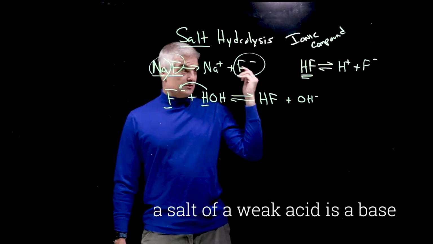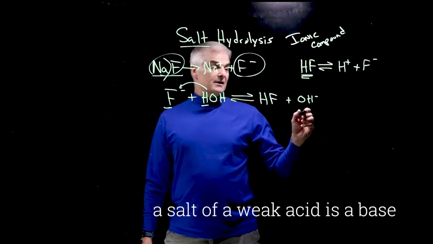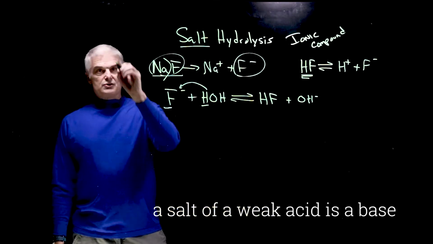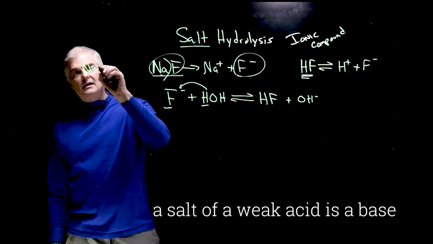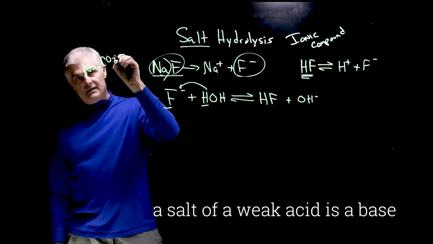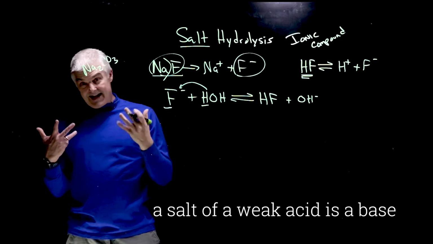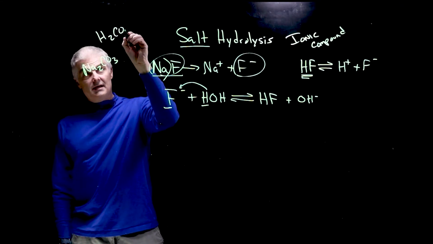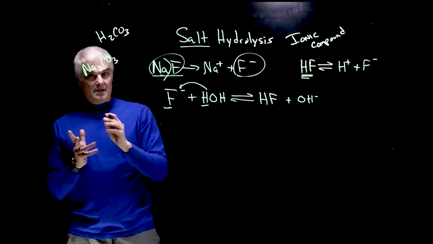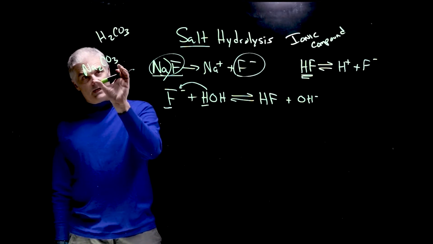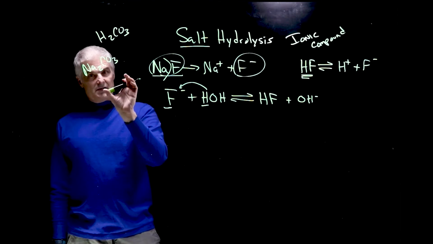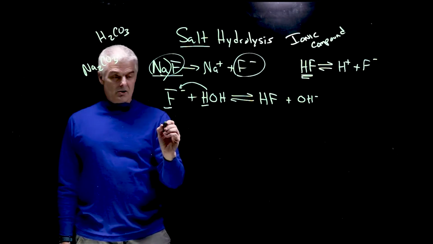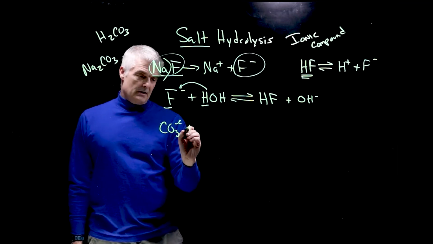Let's do another one. Let's say I have sodium carbonate. The acid that goes with carbonate is carbonic acid. This is what you find in a can of soda. So the salt of a weak acid is a base. I don't care about the sodium, so I write carbonate, and I react it with water.